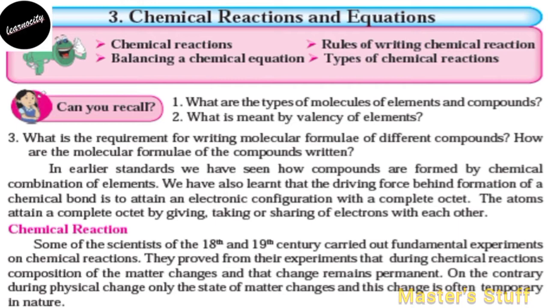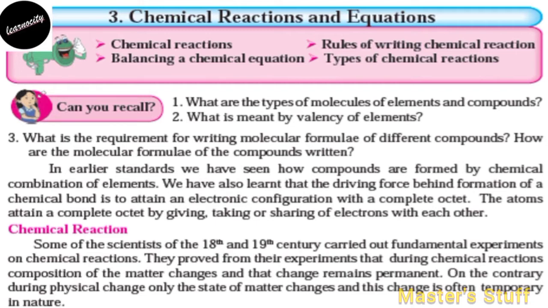During the 18th and 19th centuries, some scientists carried out various experiments on chemical reactions. They proved from these experiments that in a chemical reaction the composition of matter changes and the change remains constant.